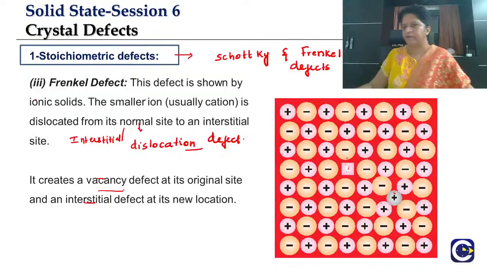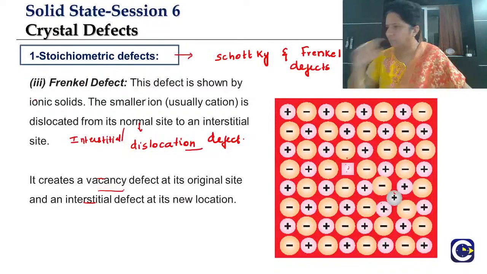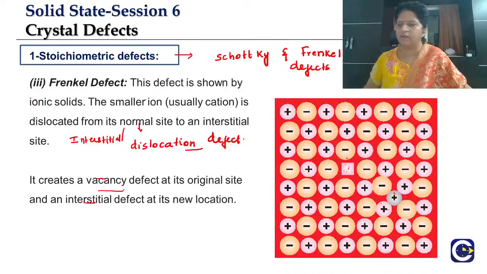So what will happen to the density in this case, you tell me? Will it remain the same, decrease or increase? What will happen to the density?